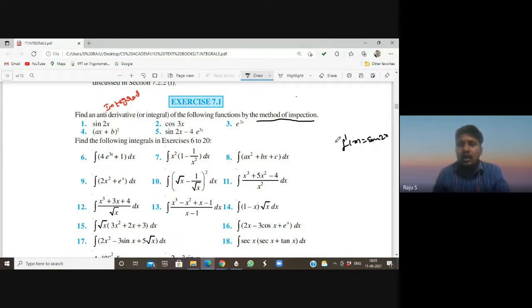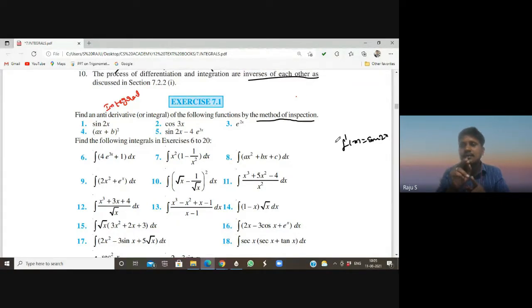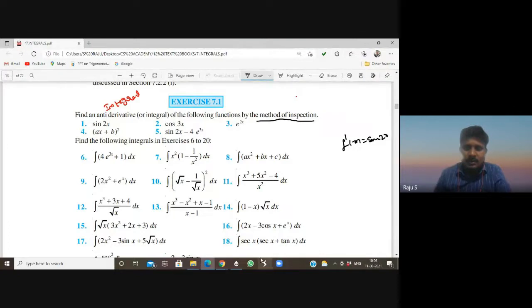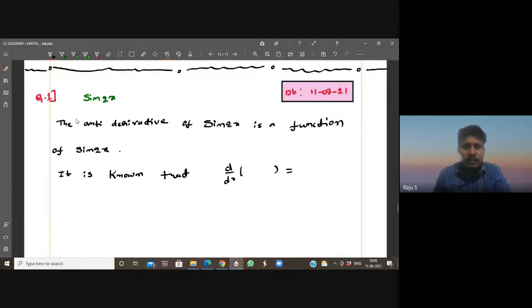Since we know that sin 2x is the derivative of cos 2x, the first question is the antiderivative of sin 2x is a function.